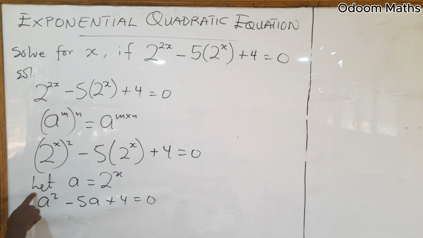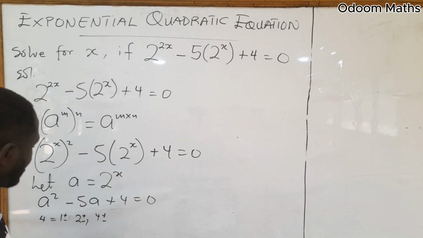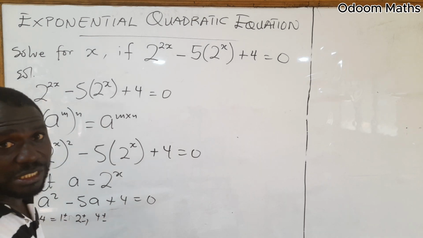We multiply the coefficients and get the factors. Here, 1 times 4 will be 4. Factors of 4 are 1, 2, and 4. We need to consider plus or minus for both sides.